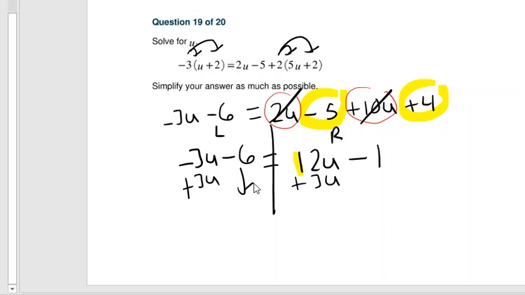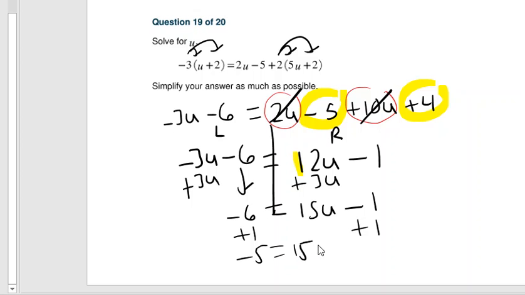Now when I write down what I have left, I have a negative 6 equal to 15u, and then subtract 1. Okay? From there, we would add 1. So negative 5 equals 15 times u. Divide by 15. So negative 5 over 15 equals u.